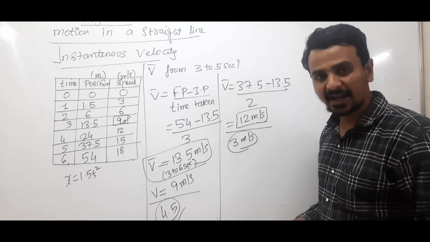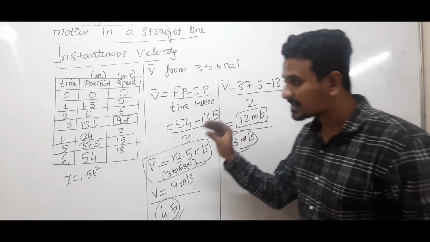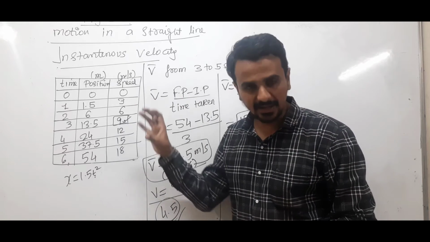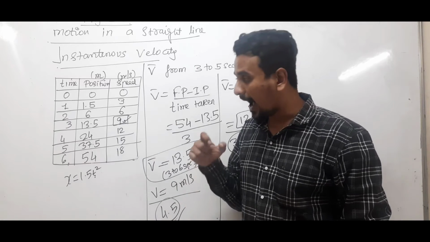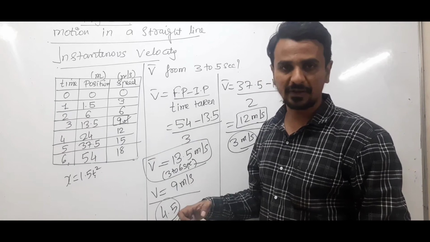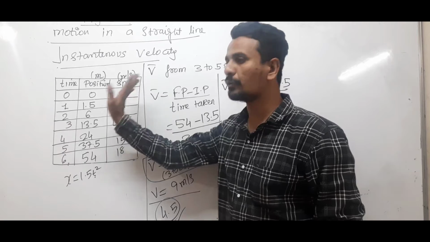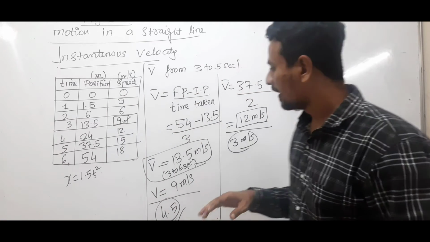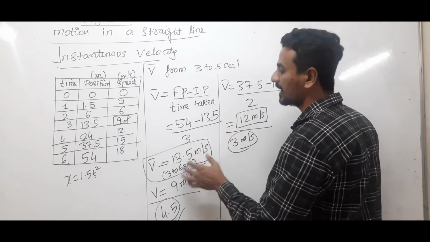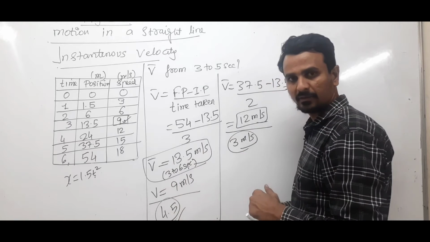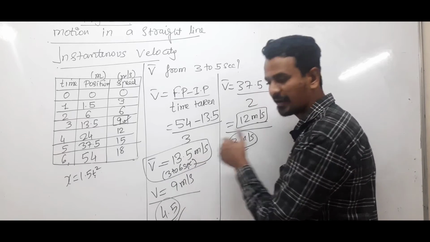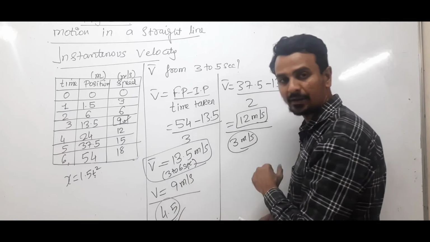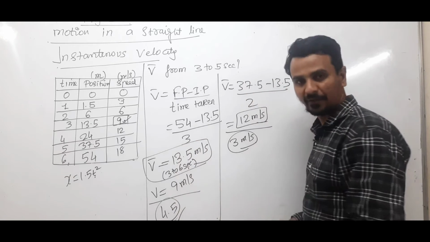What I am trying to say is that by reducing the time, by decreasing the time interval, your average velocity gets closer to instantaneous velocity. See, in the first case, we had taken the difference of 3 seconds. Then your average velocity was 13.5 and your instantaneous was 9. So there was a gap of 4.5.